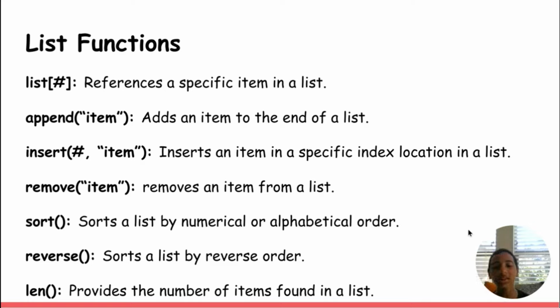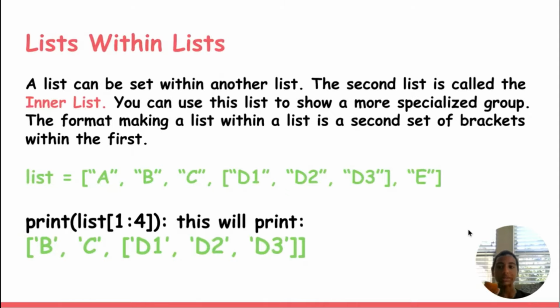Reverse sorts a list by reversing the order. Len provides the number of items found in the list. Len is basically length, the length of the list. Those are the list functions. So you can try these. I'll show you.